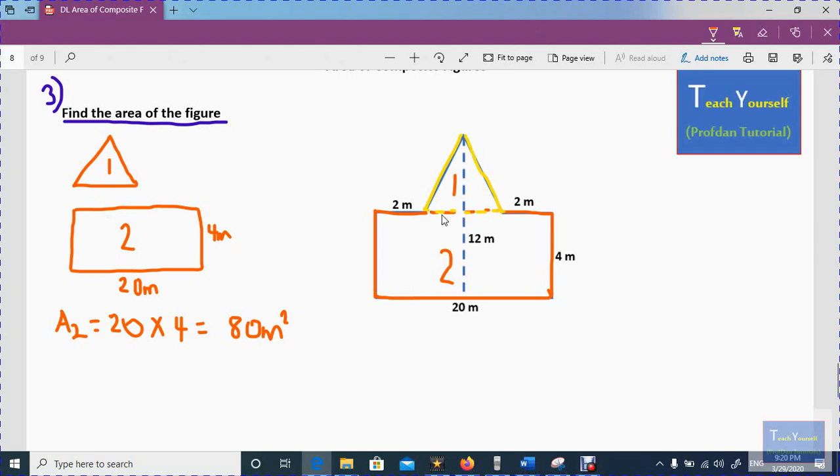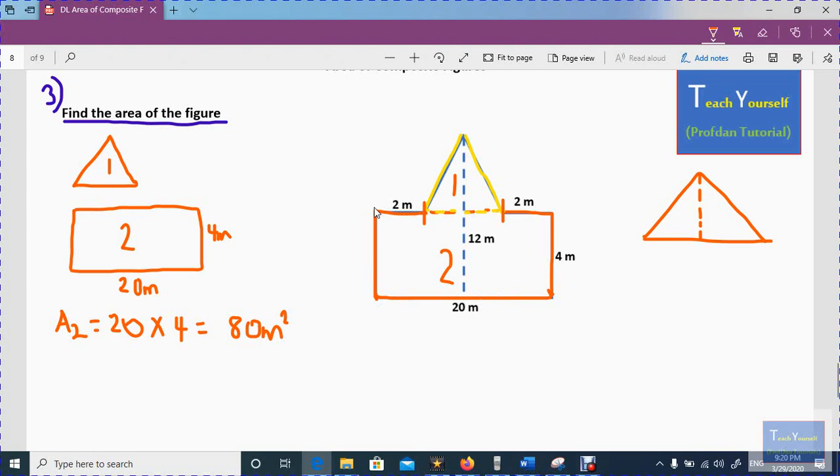Now we need to look at the triangle part. If you look at this triangle, we have something like this. Now you have to be very careful. First, we need to find the length from here to here. The whole length from this point to this point is 20.